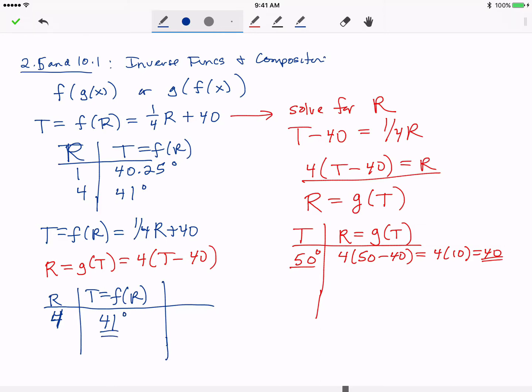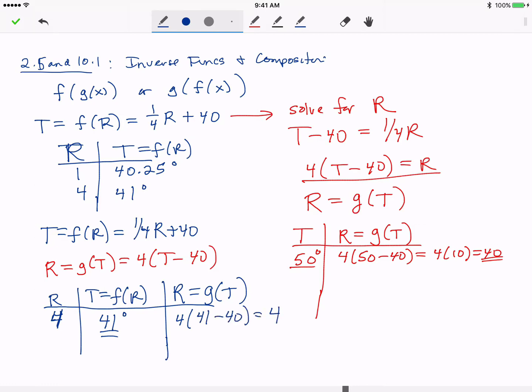But if you then take this temperature of 41 degrees and use it with the chirp rate formula, where the temperature predicts the chirp rate, what you will have is 4 times (41 minus 40).